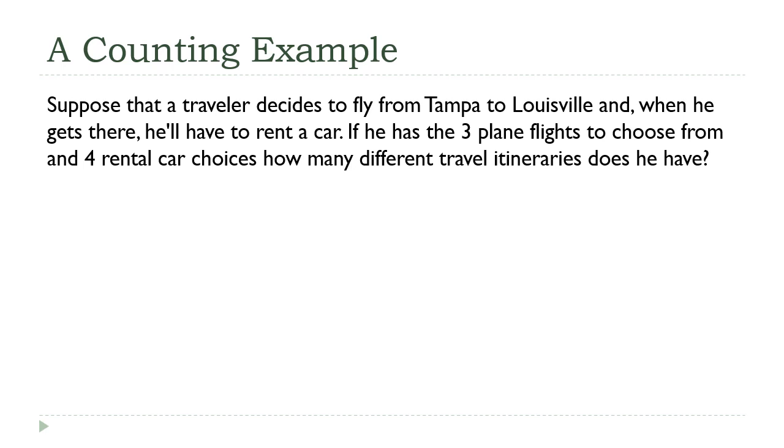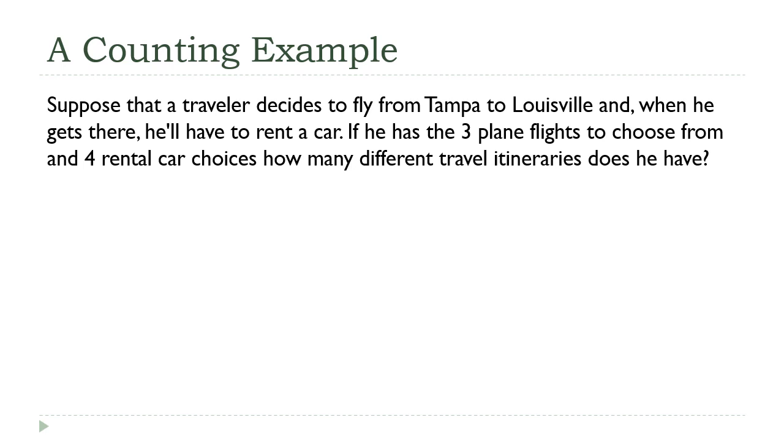So we have somebody who's planning a trip, and he's going to go from Tampa to Louisville. And he has two choices that he has to make. I really want to emphasize that point, because a lot of the questions that we're going to be answering throughout this chapter really come down to that fundamental question: what are the choices that I'm making?